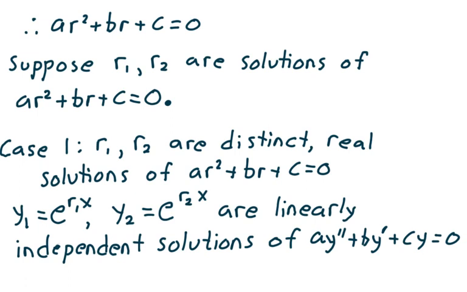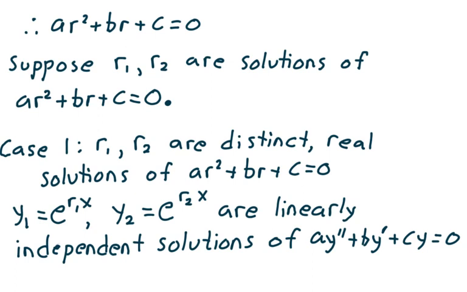Now, in case 1, suppose r1 and r2 are distinct real solutions of ar squared + br + c = 0. y1 = e^(r1x) and y2 = e^(r2x) are linearly independent solutions of ay'' + by' + cy = 0.